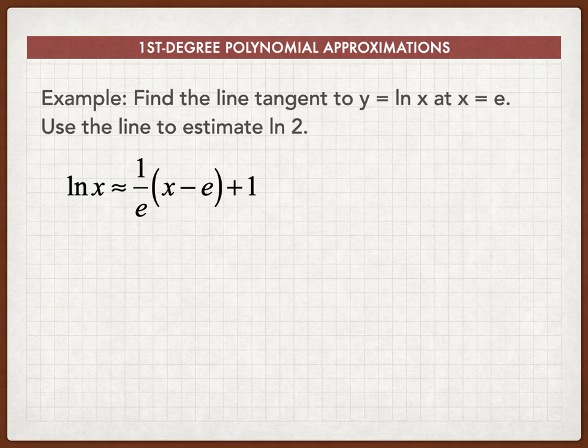In our example, the slope, 1 over e, is multiplied by the quantity x minus e, plus the function evaluated at e.